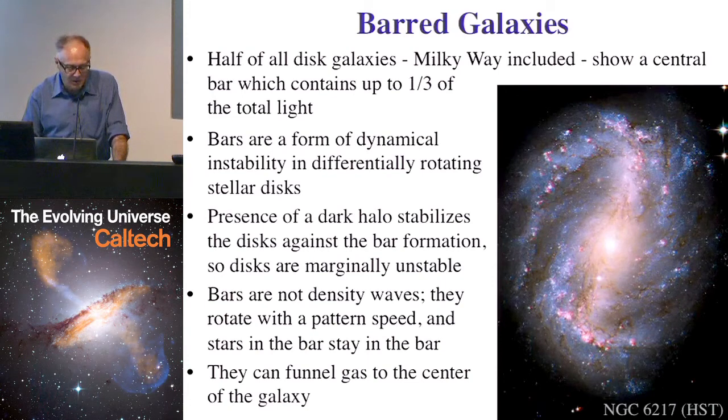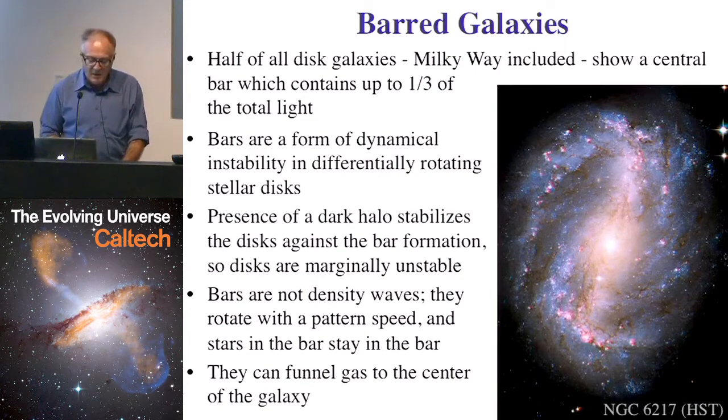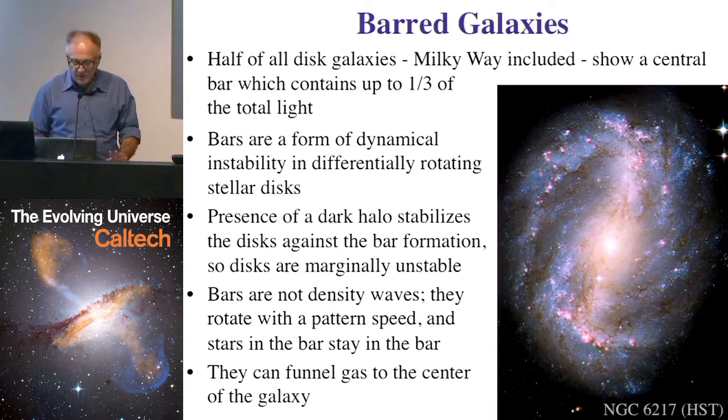As we already discussed, they're dynamically distinct systems. They rotate like a solid body. And whether or not a galaxy has a bar depends on the exact balance between the gravity of the dark halo and the self-gravity of the disk. So spirals are just on the margin of that. And they're not density waves. They're a completely different dynamical thing.